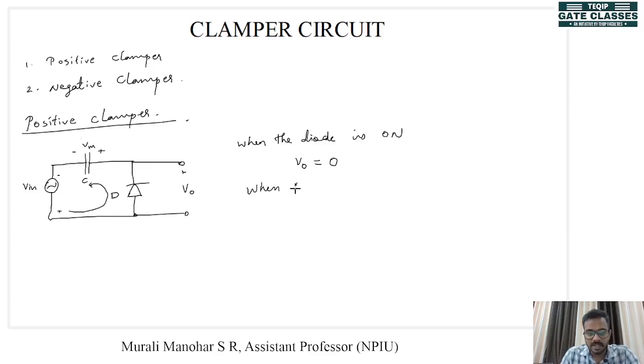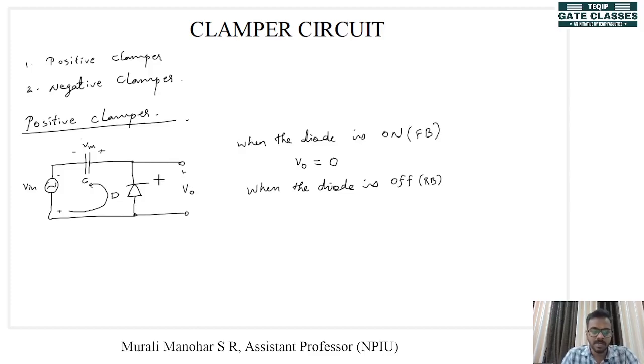So we'll see when the diode is off, that is when the diode is reverse biased. Off means reverse biased, on means forward biased, you know this. So when the diode is off, what happens to the output voltage? Now we have an open circuit here.